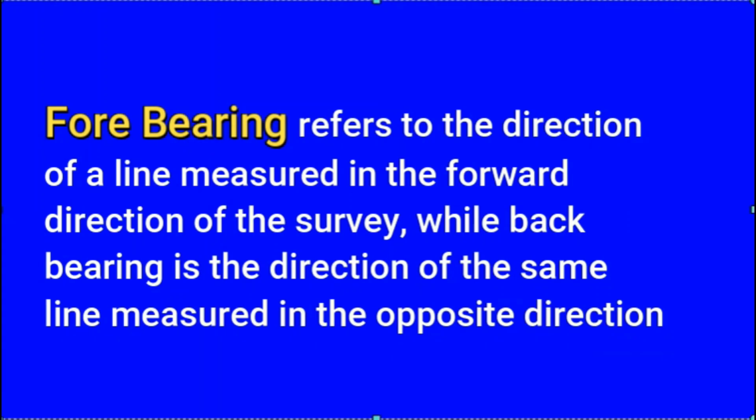Hello everybody, I'm beginning with the prismatic compass and the topic I'm going to take is taking out the fore bearing and the back bearing, and we are going to even calculate it.